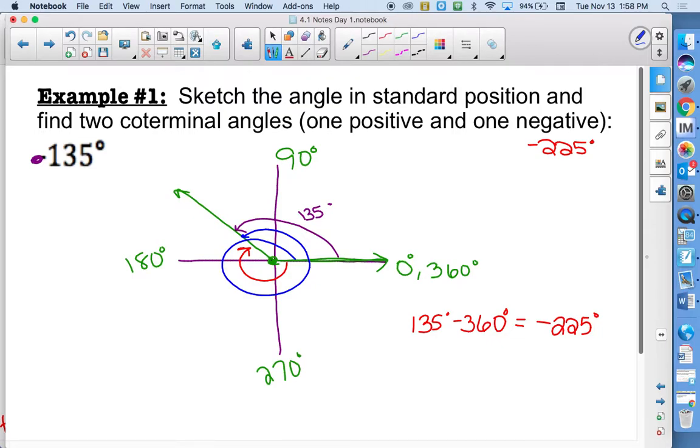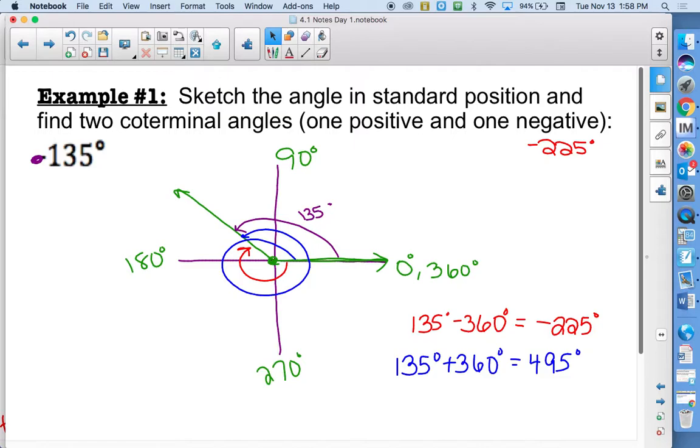It doesn't just have to be up to 360. If you have your 135 degrees and add 360 to it, that means we've spun around once, one full rotation, and then gone an extra space to get back to 135 degrees. And that's 495. So angles can rotate in a circle an infinite amount of times. We can continue to find more coterminal angles if we wanted to.